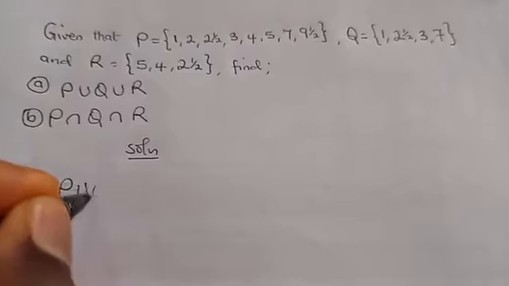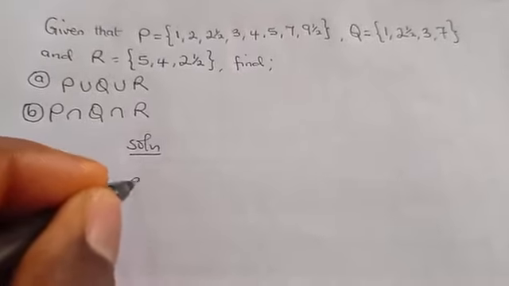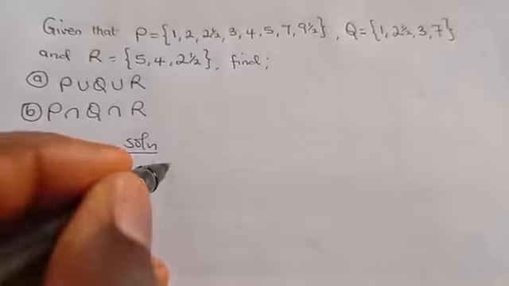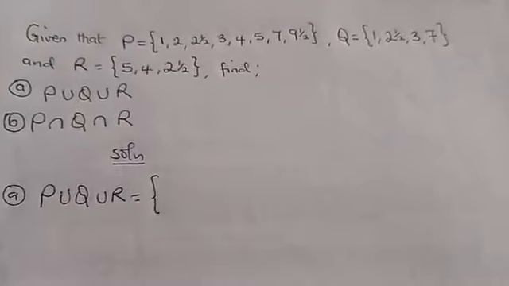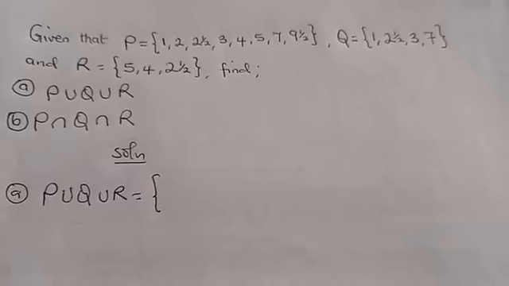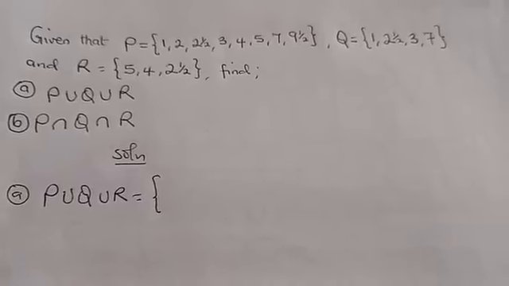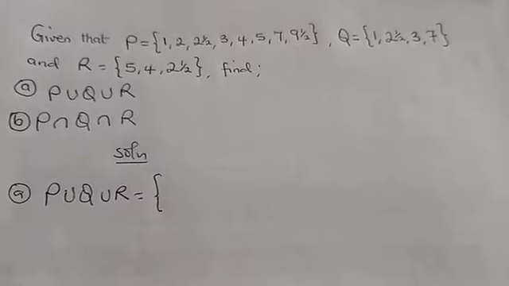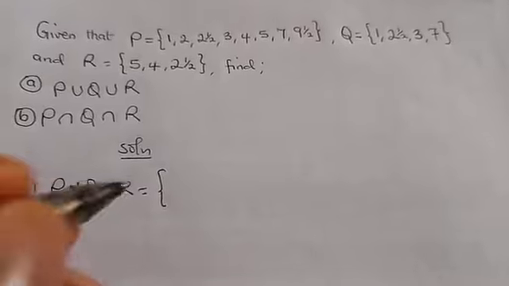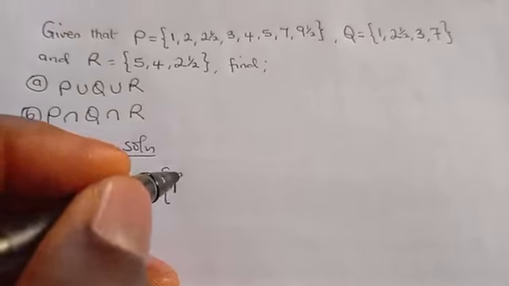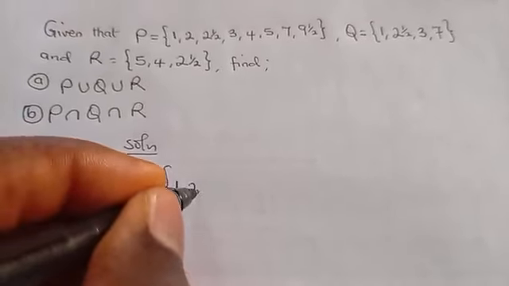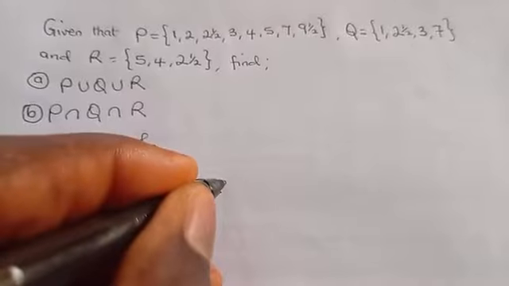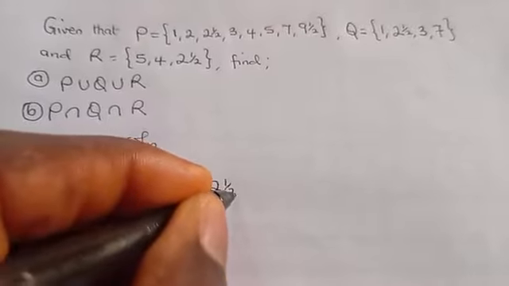So for the first one, our P union Q union R will be equal to, you start listing the elements beginning from the smallest to the greatest. So there you have 1. Next to it you have 2. Next you have 2.5.